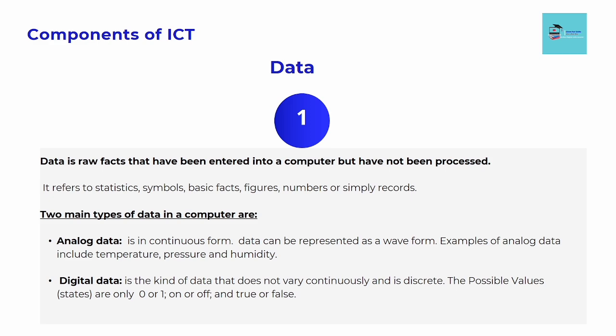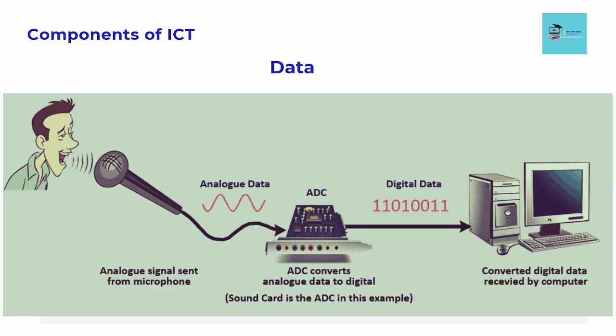We have 2 main types of data in computer: analog data and digital data. Analog data is data in continuous form. Data can be represented as a waveform. Examples of analog data include temperature, pressure, and humidity.